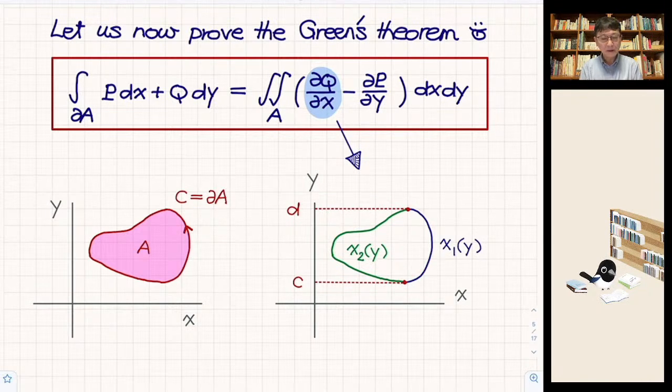Okay? So once you have known that, everything is simple. What we are going to do is that we are going to run the y's from C to D. And for each specific y, you know that this x is coming from x1 to x2.